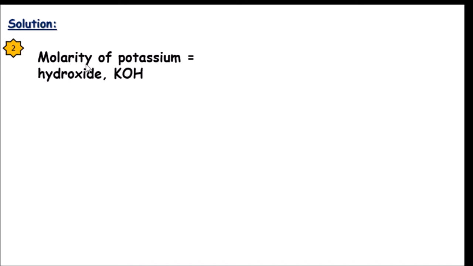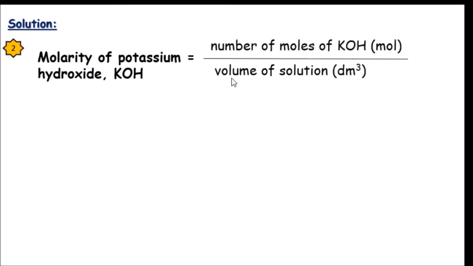So, molarity of potassium hydroxide is equal to number of mole divided by volume. But remember, the volume must be in unit of dm³.